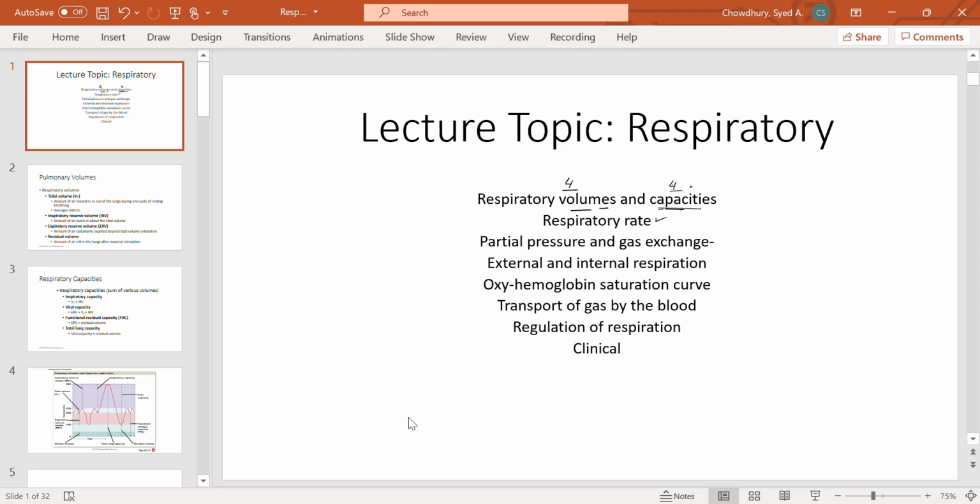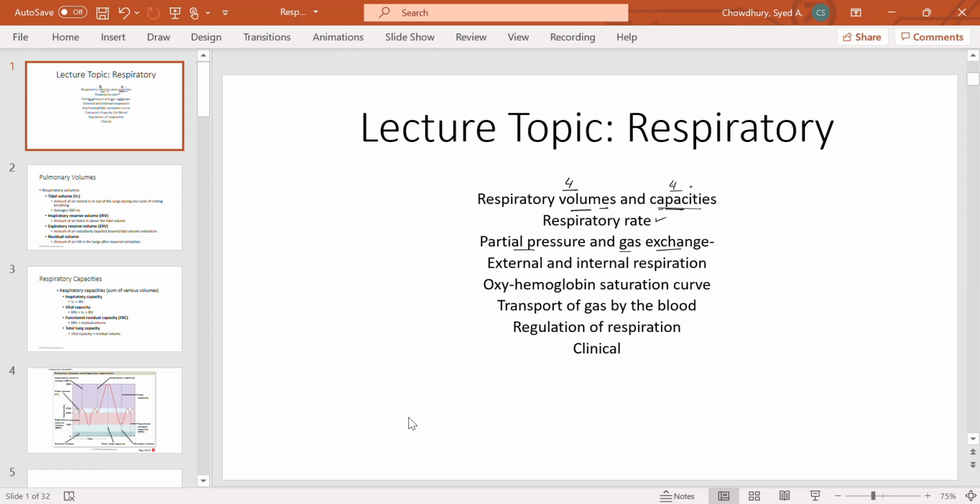So how many times we breathe in each minute, that's the respiratory rate, and the rate is different in male, female and children. Then we'll talk about the partial pressure of gases. Gas exchange depends on the pressure difference.